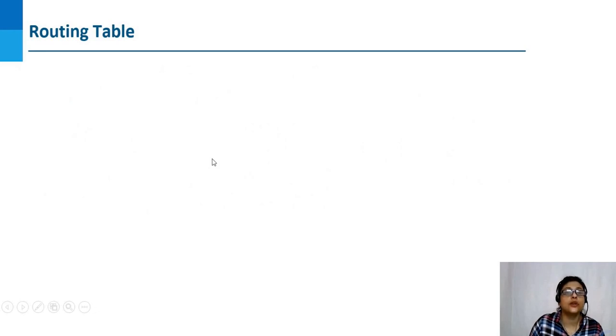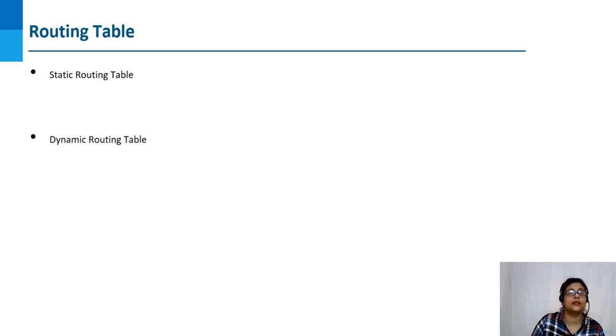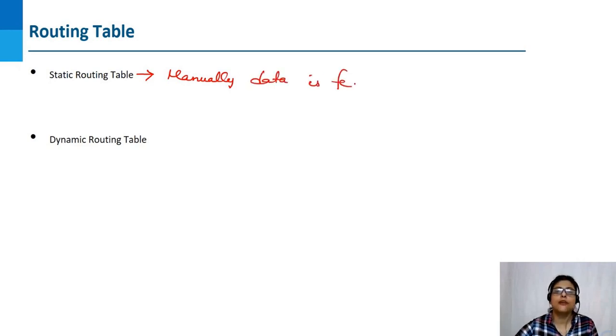Let us now concentrate on the routing table. The routing table basically helps in the forwarding process. There are two types of routing tables. One is called the static routing table and the other is called the dynamic routing table. In a static routing table, data is fed to the routing table manually. If there are any updates or deletion of the data, it has to be done manually and not automatically.